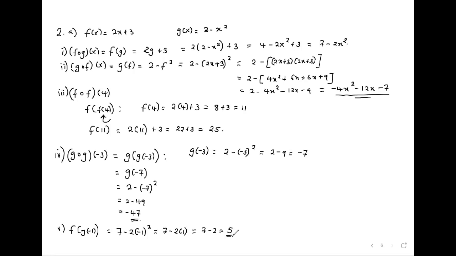Okay, so let's go to B and see what B has. B, for the functions f and g given, for the functions, this is for 1, f is 4x minus 1, and g is 2 plus 3x. So what is f of g?